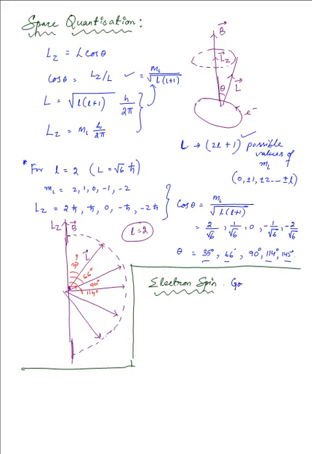So Goudsmit and Uhlenbeck proposed in the year 1925 a theory that the electron must be looked upon as a charged sphere which is spinning about its own axis, having an intrinsic built-in angular momentum and consequently an intrinsic magnetic dipole moment as well.